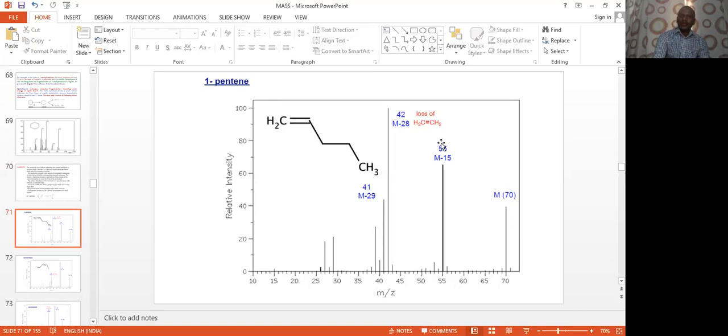Next is M minus 15, where cleavage occurs here and CH3 is removed as a radical, and you have the cation fragment ion.